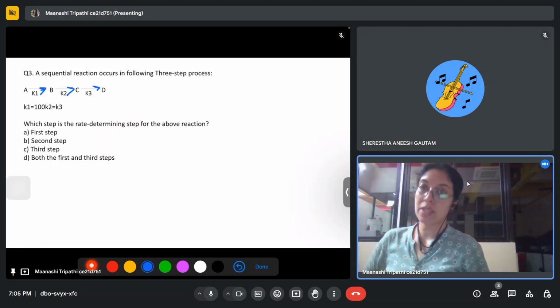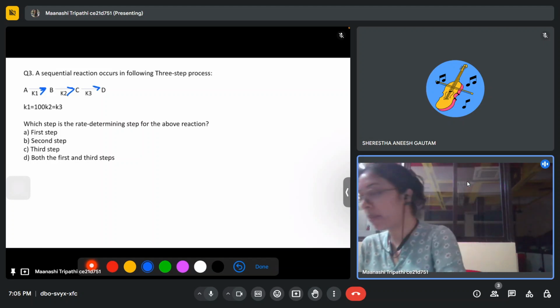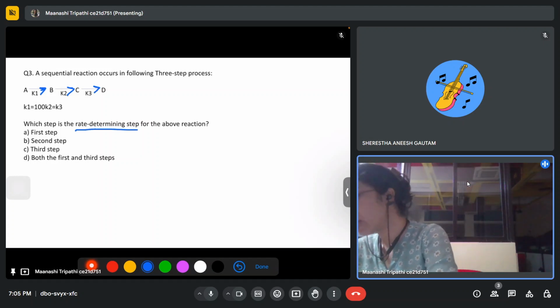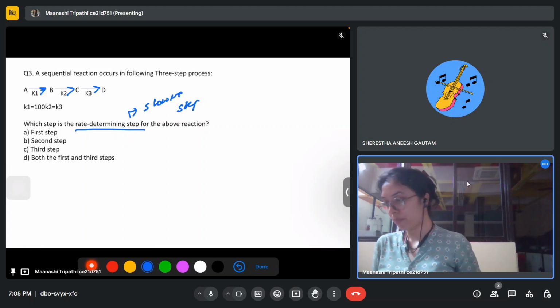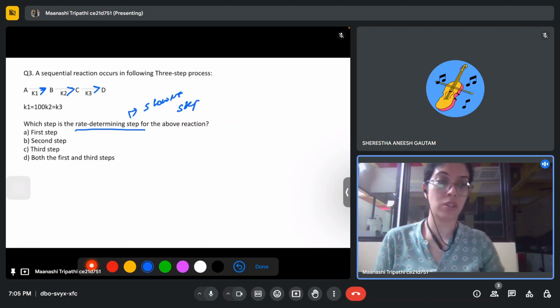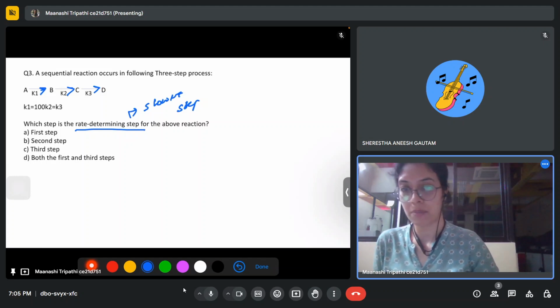So which step is the rate determining step? Rate determining step is the slowest step. So which one is the slowest step? Please let me know. Then we can see the solution for this question in a couple of minutes. Please take your time and write the answer.